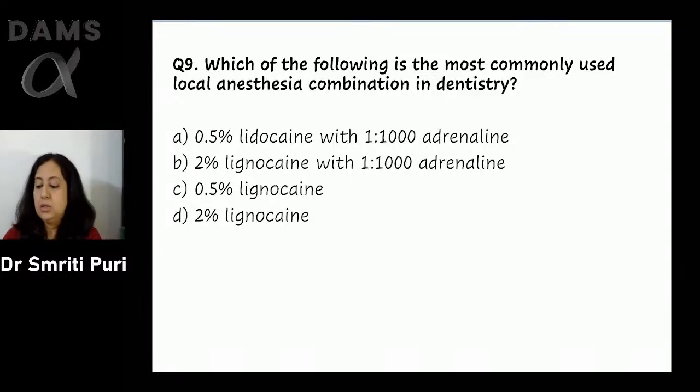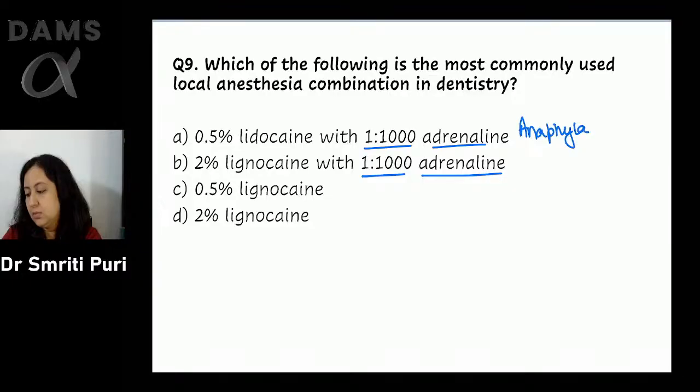Okay. So most commonly used local anesthetic combination in dentistry. Now, please don't get confused. They have used the word combination in the question to trick you. Okay. 1:1000 adrenaline is used for anaphylactic shock, or a patient who is in cardiac arrest.